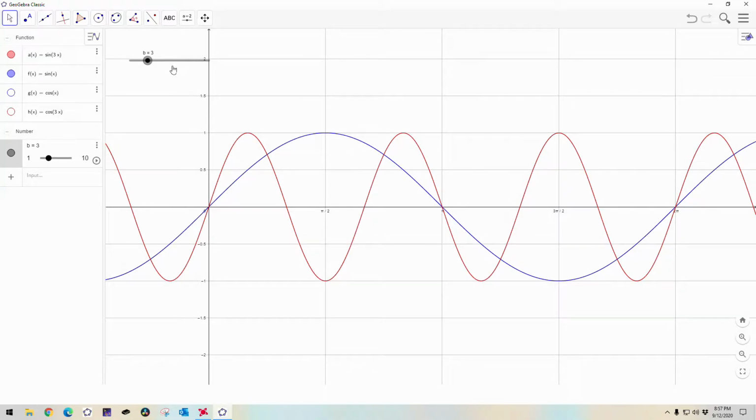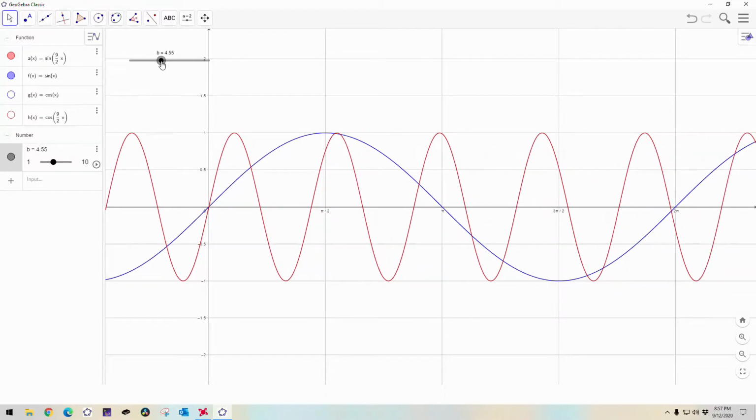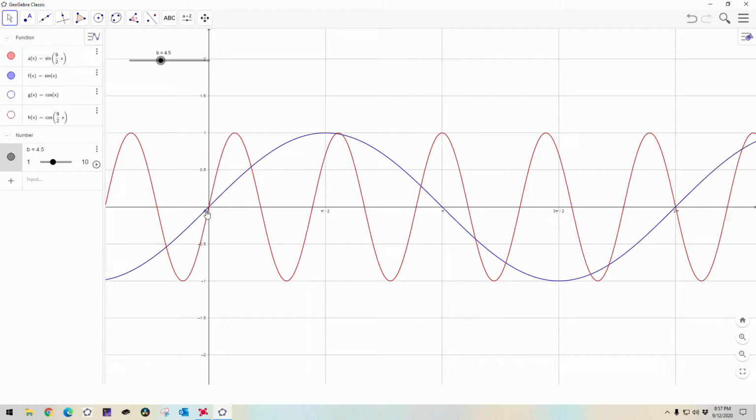And again, these don't have to be whole numbers. If I change this to 4.5, okay, from 0 to 2 pi, notice that I'll get 1, 2, 3, 4, and then the top piece right here is half of a cycle, and then it hits 2 pi there.